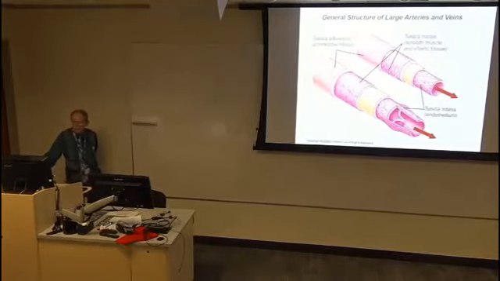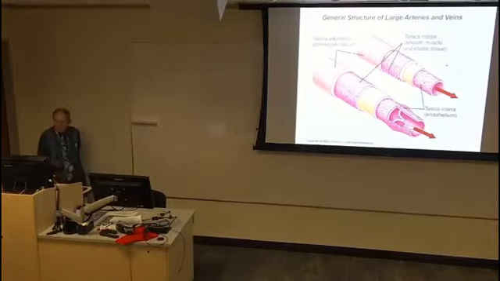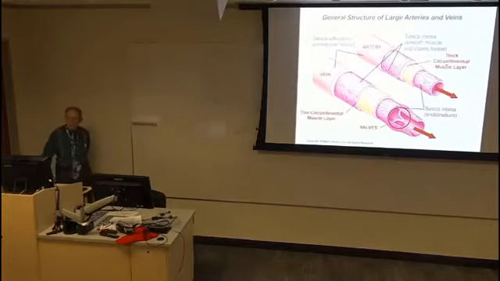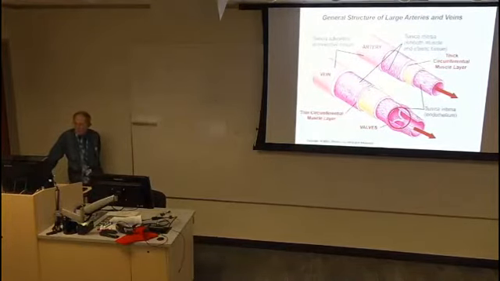They have the same kind of muscular structures here internally and externally. They have adventitia. The way you tell them apart is you look at the size and you look at some of the other features that they have. For example, in an artery, this muscle layer here is pretty thick. Why?